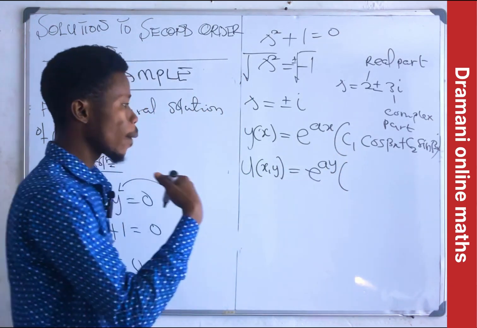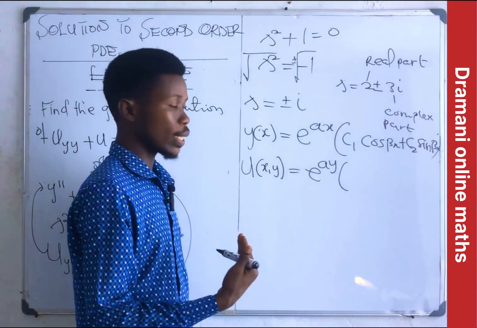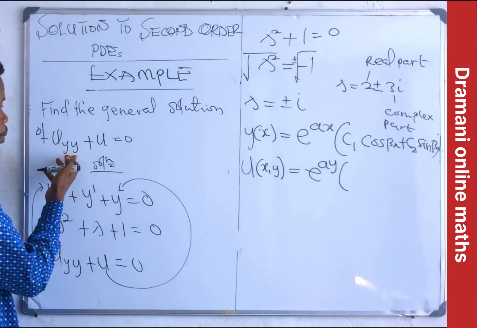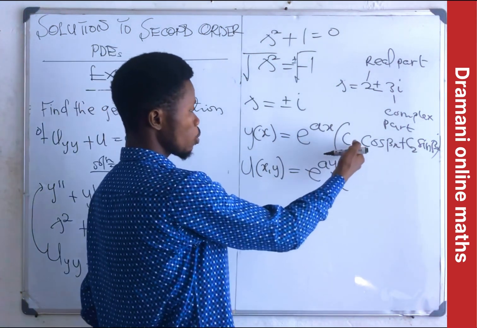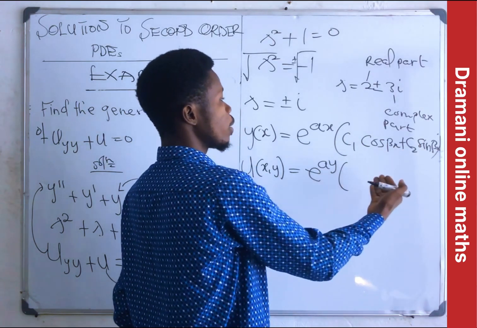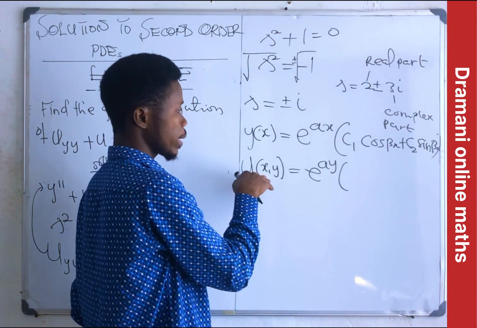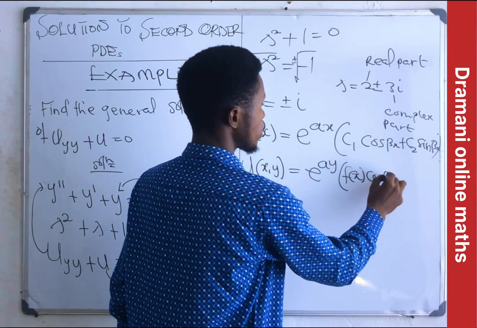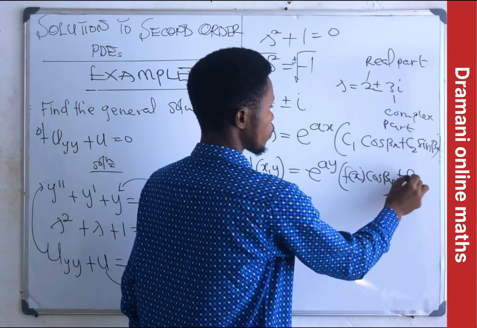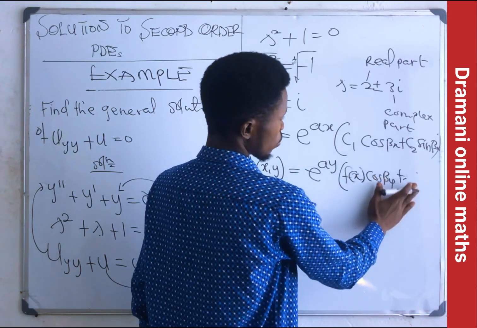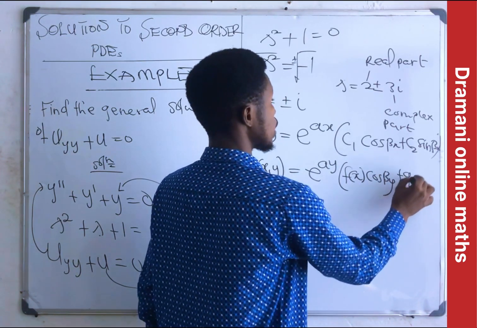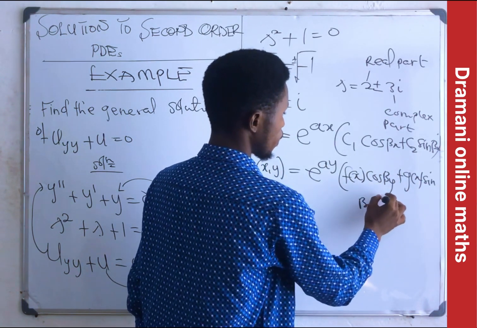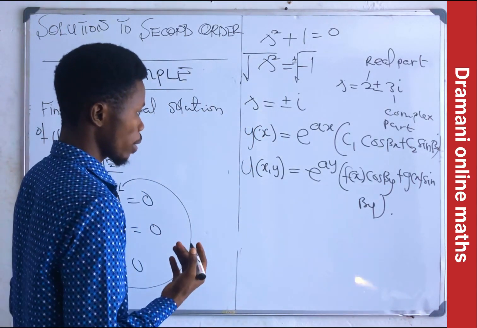Now, due to the nature of the PDE, partially, if you integrate with respect to y, the constants C1 and C2 in ODE become functions of x in this case. So here will be f of x cos beta y plus, and some books say, let's say, j of x to differentiate it, sine beta y. So this becomes the formula you are going to use.